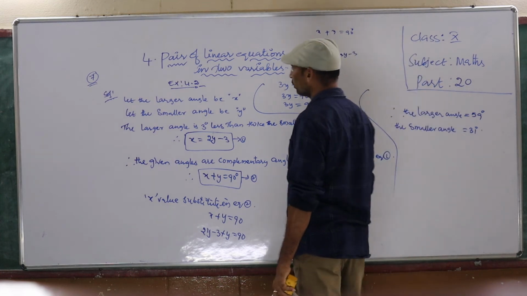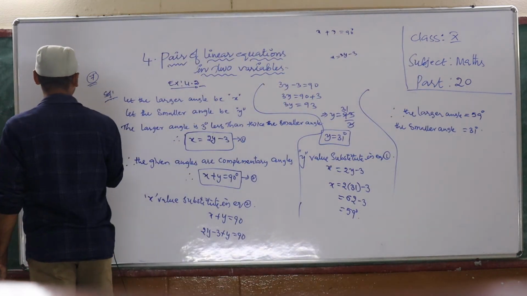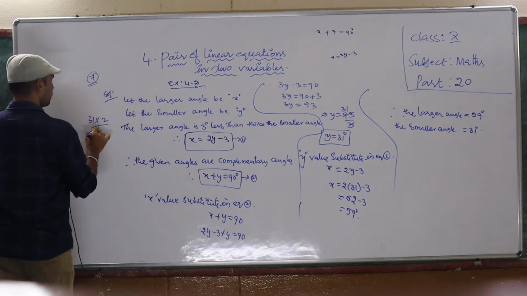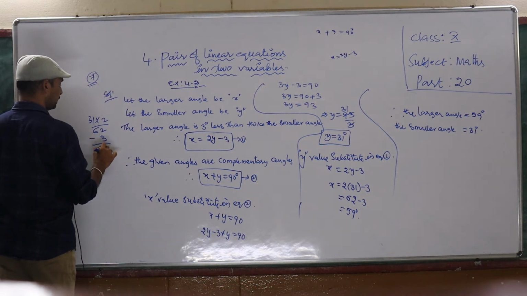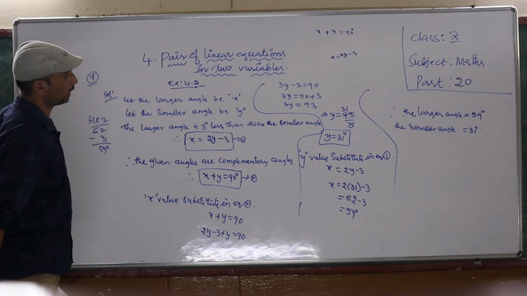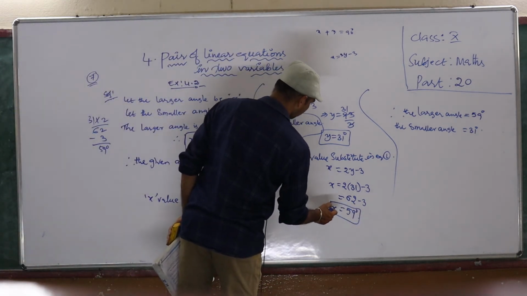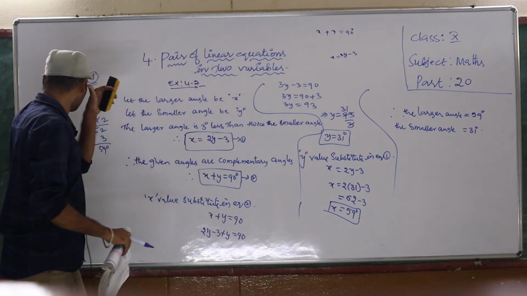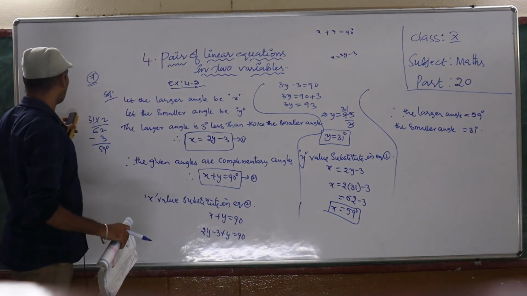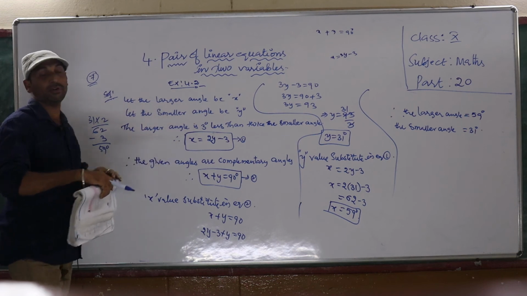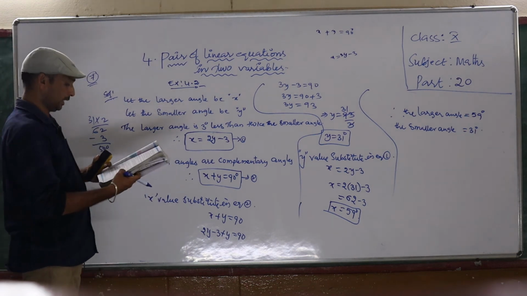If you have any doubt, 31 twos are, means twice, no? 62 subtract 3, 59 is larger, that is the x value, yes. So this is, children, how to find out the problem. Then next we'll discuss the eighth one.